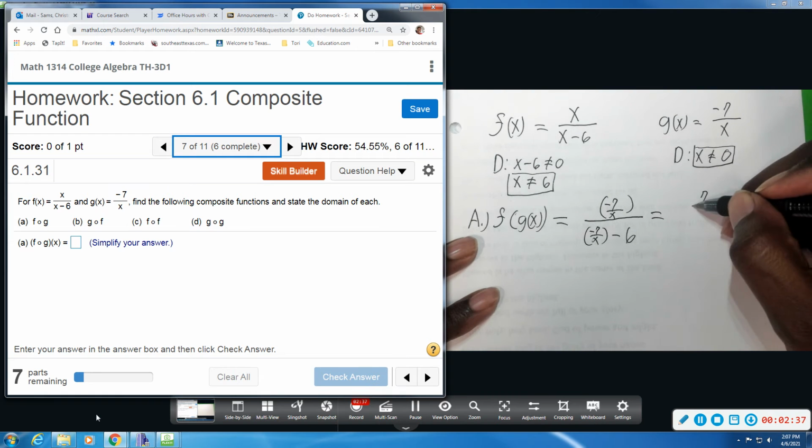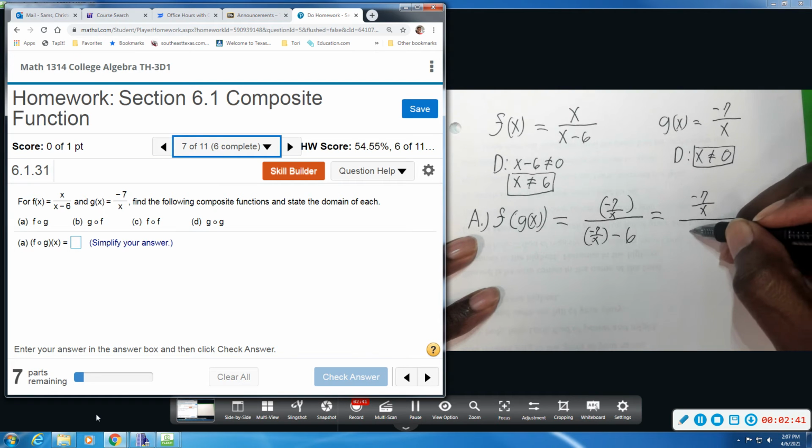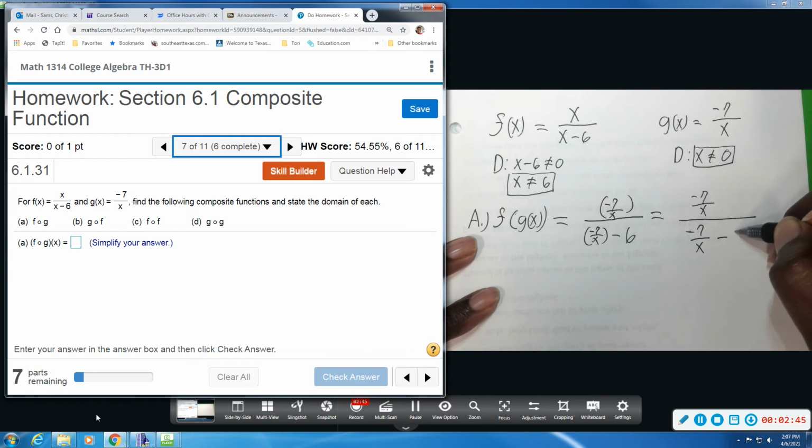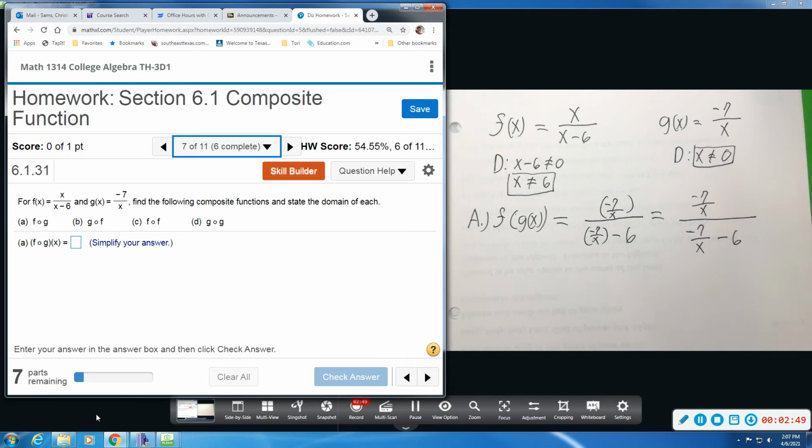Okay, so this looks like a very weird expression. We have a fraction on the top in the numerator, and then we have another fractional expression in the denominator. So the way that we are going to simplify this is we look at the numerator and the denominator. Both have a fraction.